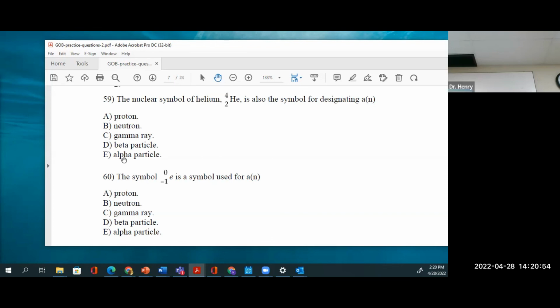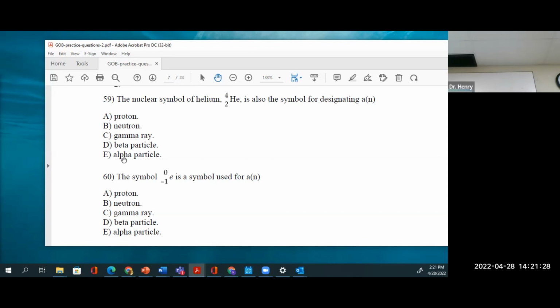Alpha ray is going to be a positively charged particle, right? And a beta particle is going to be, let's see, alpha is positive, beta is, I want to say it's negative. So it's either the gamma ray or it's going to be a D. I believe it's D, but I'll look for sure.